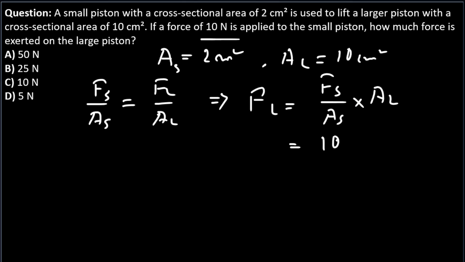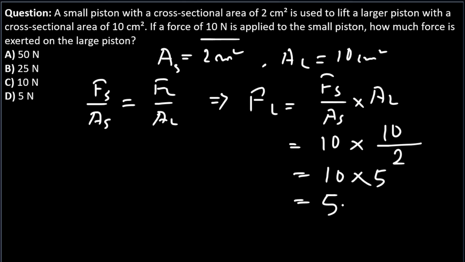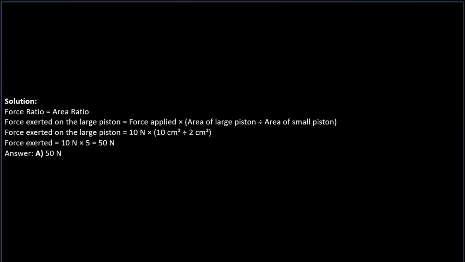So here 10 times AL value, which is 10 centimeters square, and AS value will be 2. So here 10 times 10 goes over 2, it's 5 times. Here 5 times 10 equals 50. So the larger piston will exert 50 Newton force. Here see the answer, 50 Newton.